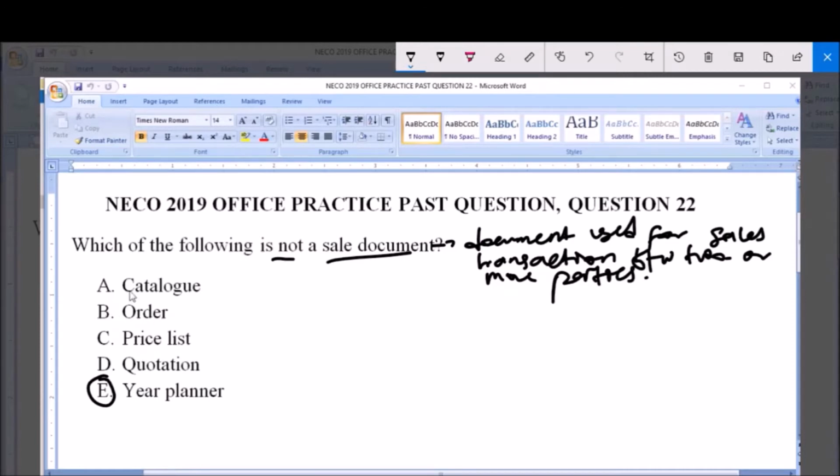Now I will tell you why catalog is a sale document. A catalog is a sale document because it consists of printed pamphlets giving a description of goods offered for sale. And like I said, sale documents are documents that are used for sales transactions.